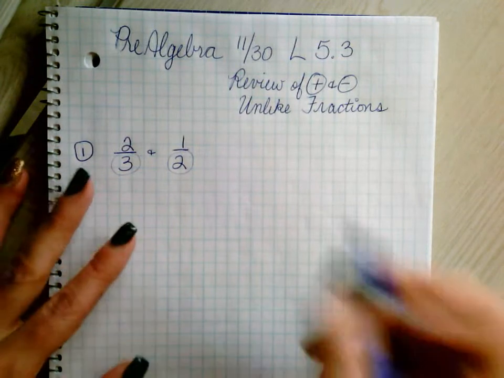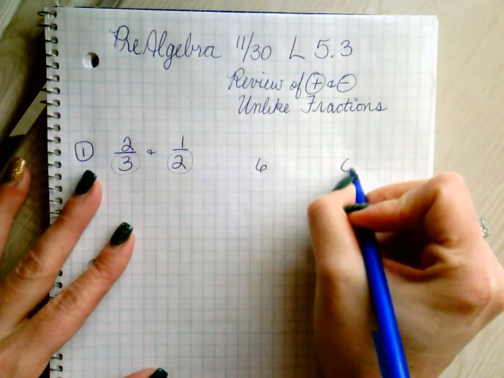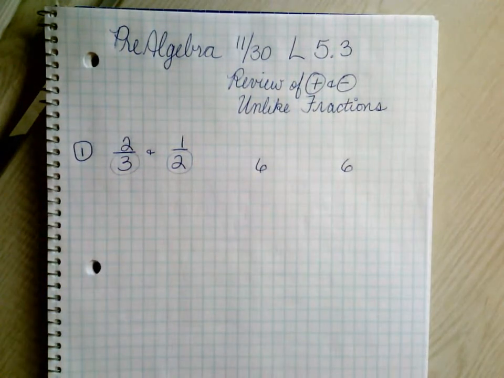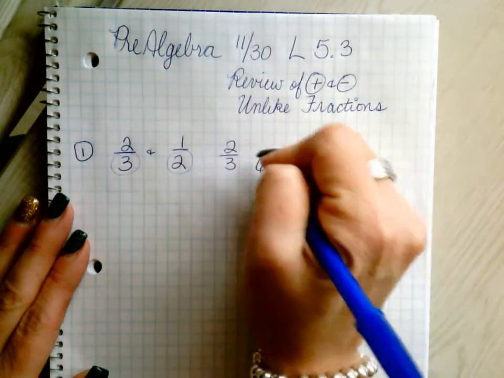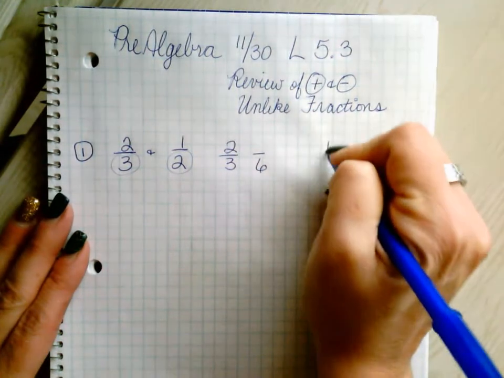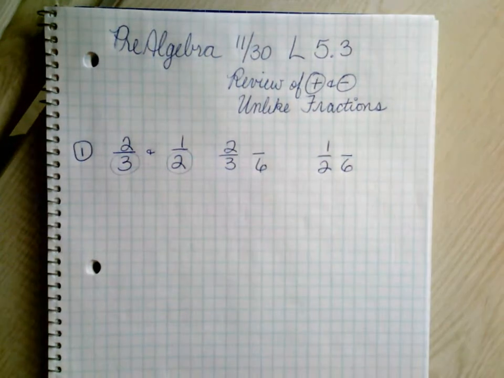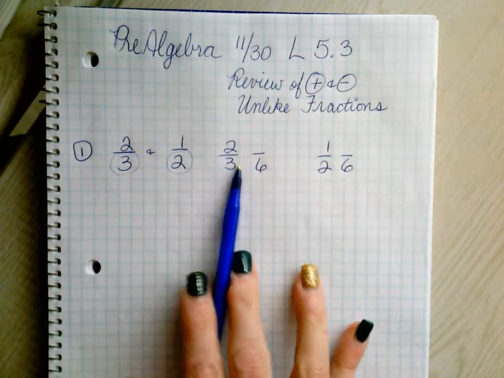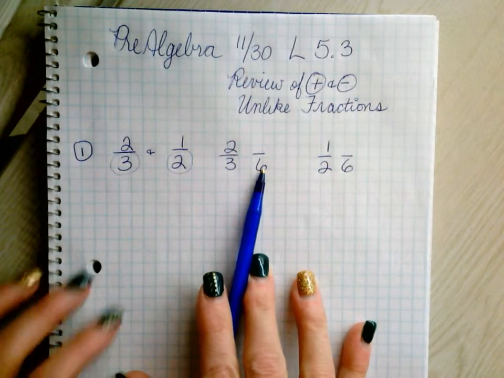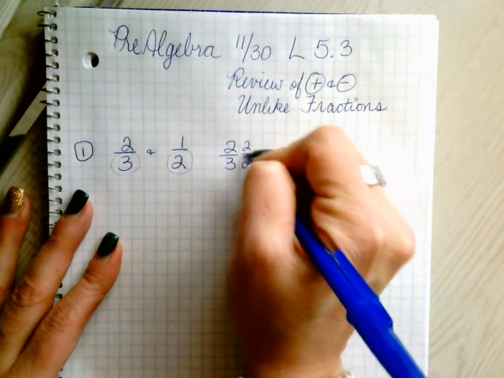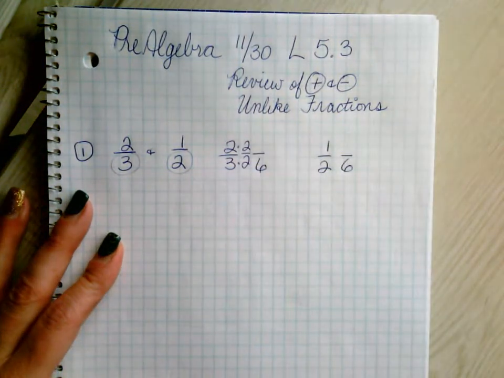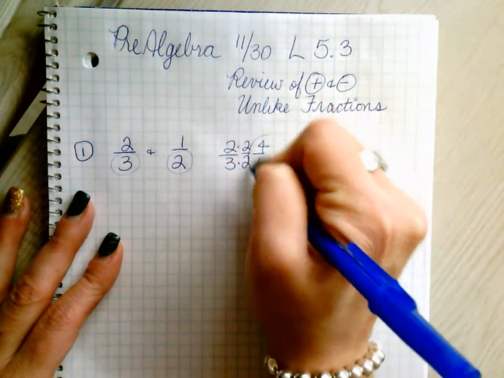Haley? 6, she's right. So if I were to add them, I would change 2/3 to some kind of 6 and 1/2 to some kind of 6. The way you do that is you convert both numbers by multiplying them by a fraction equal to 1. 2/3, for example, would get multiplied by 2/2, resulting in 4/6, right?